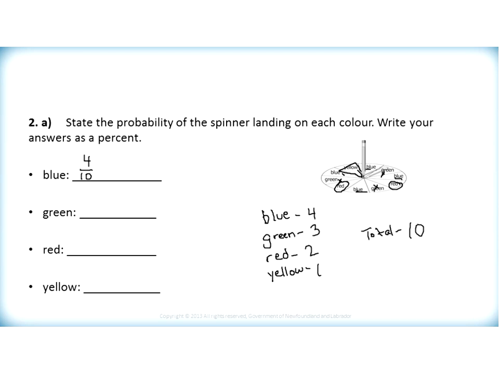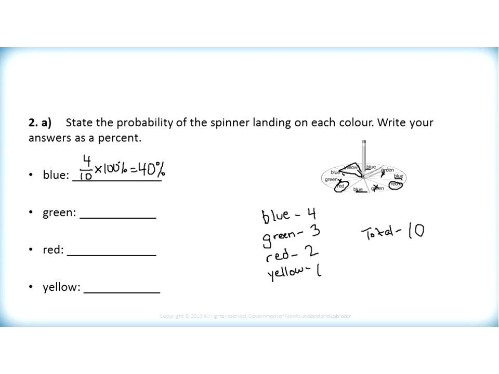So 4 divided by 10. We want to write it as a percentage, so we take that number and multiply it by 100, and our units are percent. 4 divided by 10 times 100 will give us a 40% chance of spinning and getting blue.